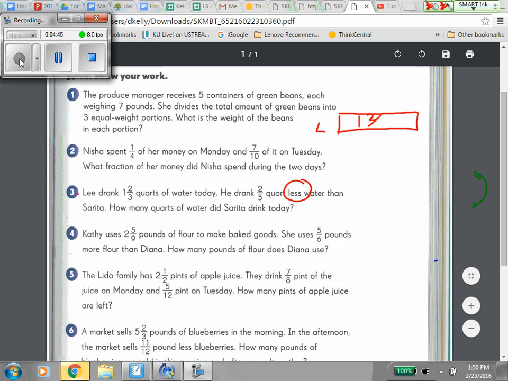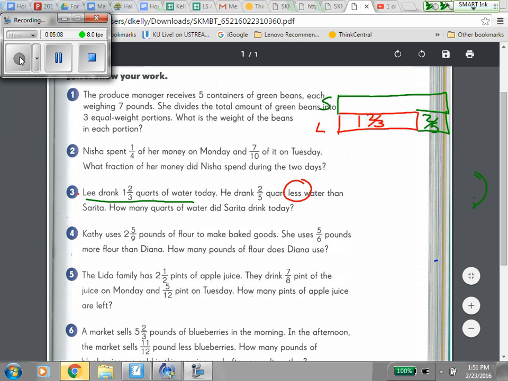He drank 1 2/3 quarts of water. But he drank 2/5 quarts less than Sarita, which means Sarita had to have drank more water than he did. So this is Sarita. So she drank more. How much more? Well, 2/5. So let's look at this again.